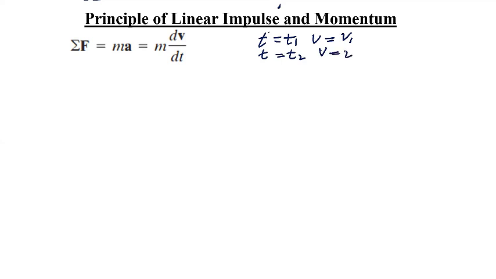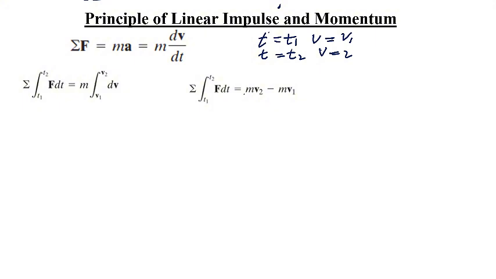So rearranging, you can have summation of integral F dt is equal to m integral dv, integrating from v1 to v2. So we now have integral F dt is equal to mv2 minus mv1.